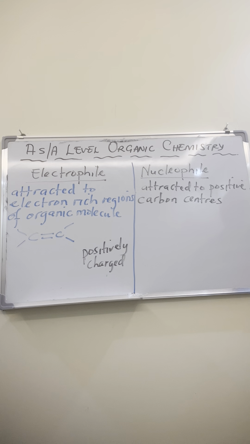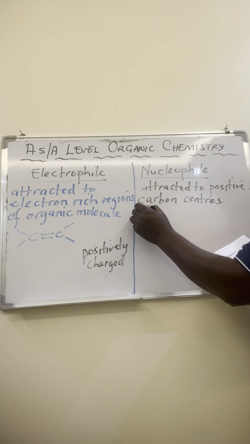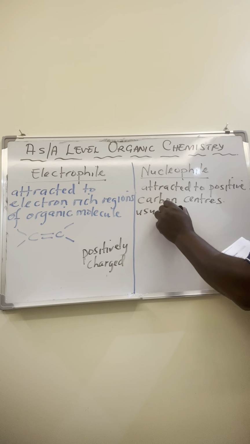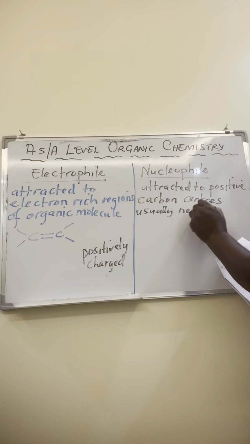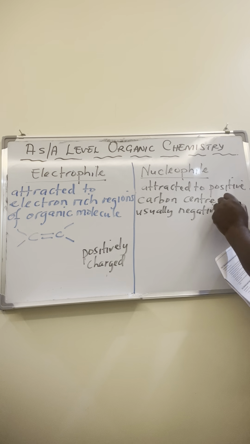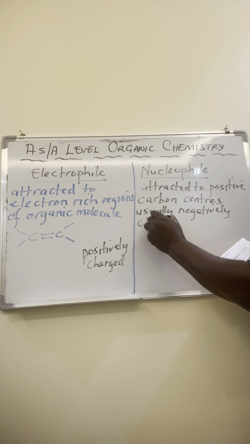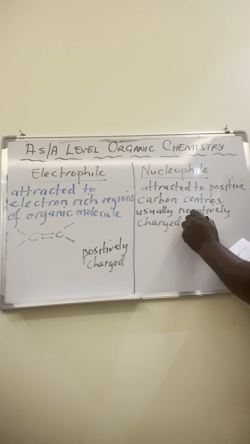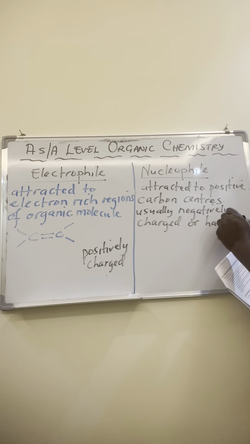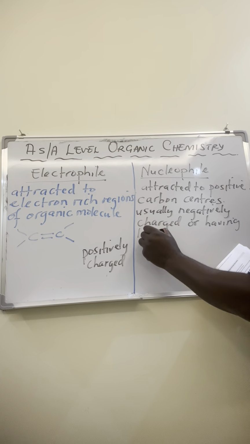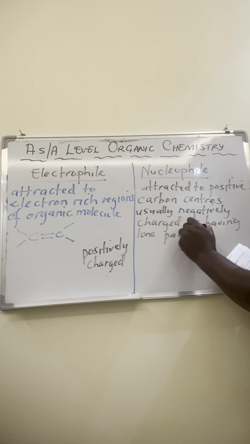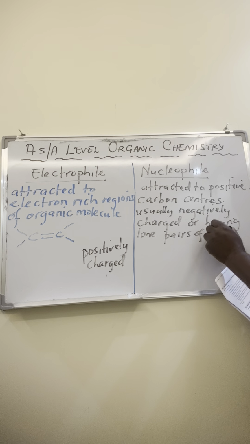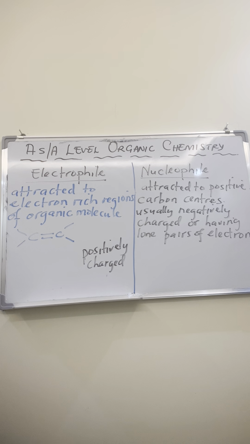But for now, let's just say positive carbon centres. And these ones are usually negatively charged or having lone pairs of electrons. These are the conditions for a species to behave as a nucleophile.